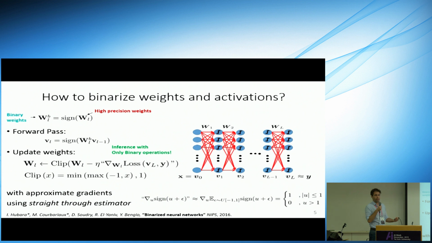And then you can differentiate through the network with this sign function. It's called a straight-through estimator. It actually appeared before in Hinton's lecture notes. And we also added this clipping to the weights so they won't go too far. This helps with the performance of the network. Okay, so this is really in a nutshell how to do training of a quantized neural network. If you want to read more, you can read in this paper.